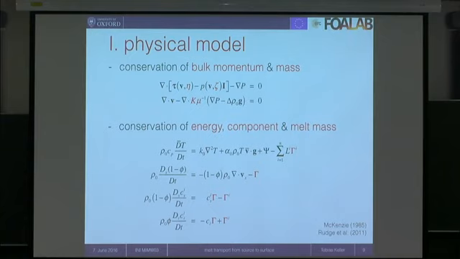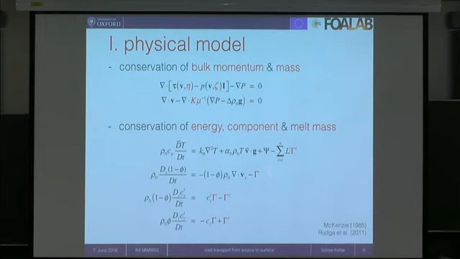And then these two equations are actually repeated for each of the components, so they contain the index I. So essentially for n components, there are 2 times n equations that are formulated. One is for the conservation of components in the solid and one for the composition of the liquid.